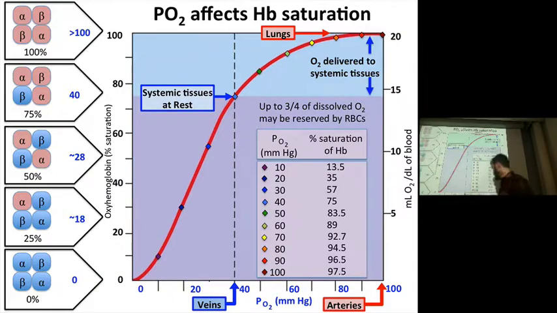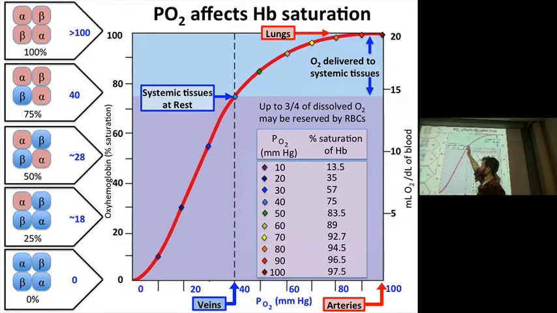So right here along this axis, the partial pressure of oxygen, this 40 is referring to this line, this is roughly the partial pressure of oxygen in your veins, okay? So this is the concentration of oxygen at the peripheral tissues, whatever tissues, this is venous blood.